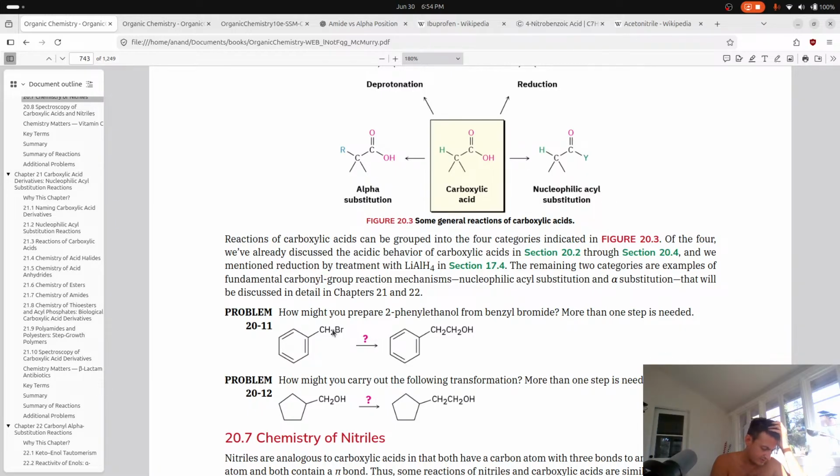We get phenyl. We get a carboxylic acid.